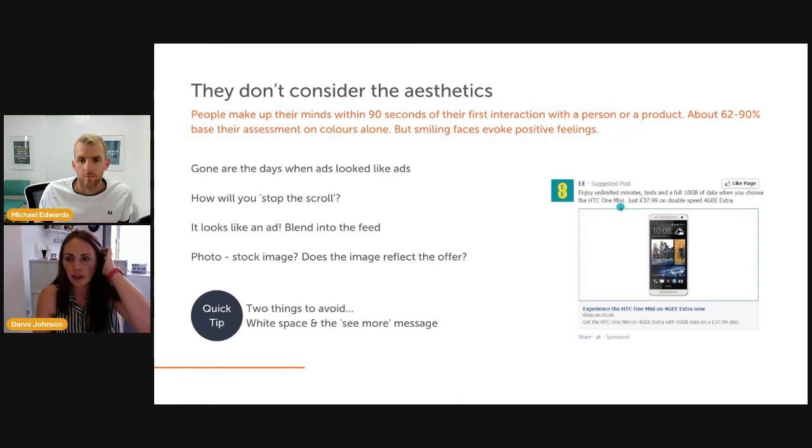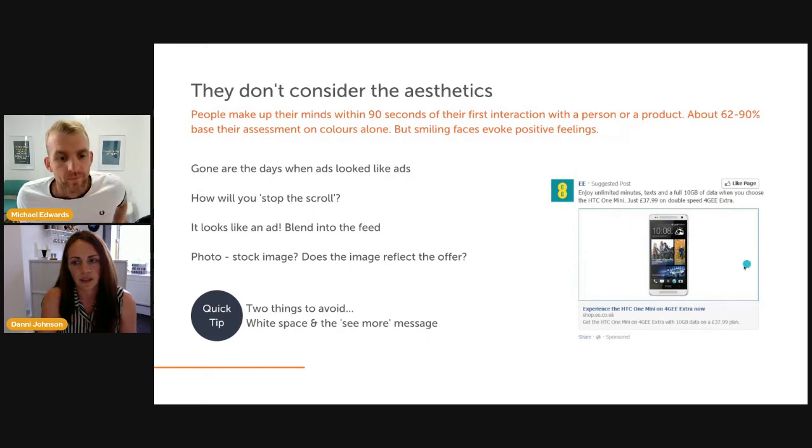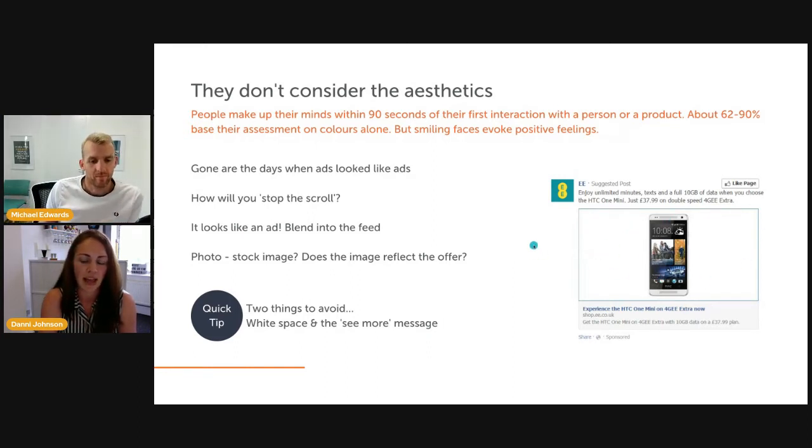Just a point here, one that I pulled from an example that was shared, and as I've put down there, two things to avoid: white space and the see more message. You can see here that there is a lot of white space around this, and it's completely lost what was meant to be there in the middle.